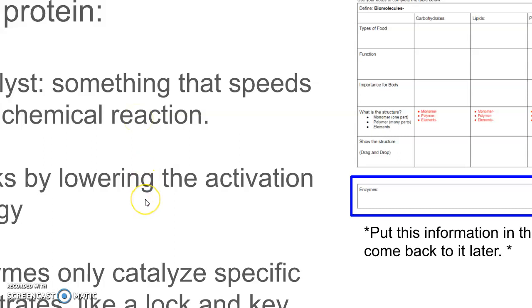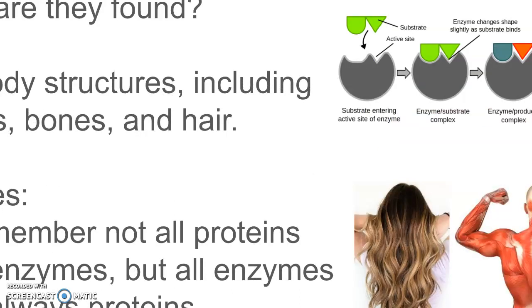It works by lowering the activation energy, and enzymes can only catalyze specific substrates, like a lock and key, so it's very specific to which ones it can do. Proteins are found in your body structures, including muscle, bones, and hair. And enzymes, remember, not all proteins are enzymes, but all enzymes are always proteins.